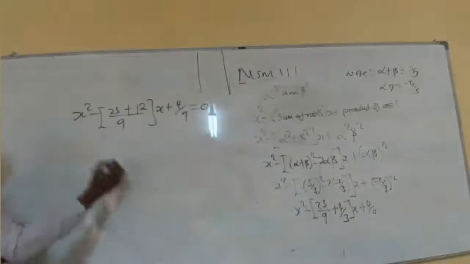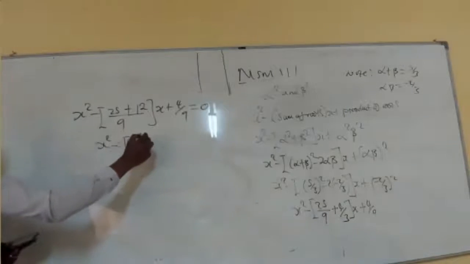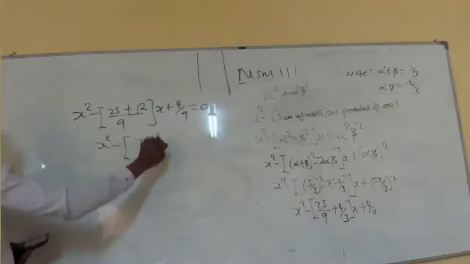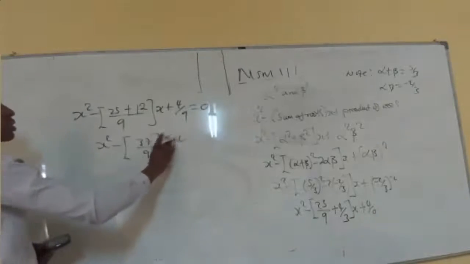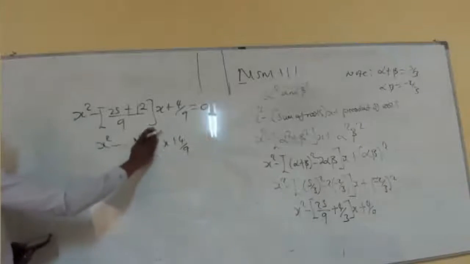It's an equation. So we have x squared minus, then 25 plus 12 is 37 over 9, x plus 4 over 9. So if we want, we can actually get rid of this.